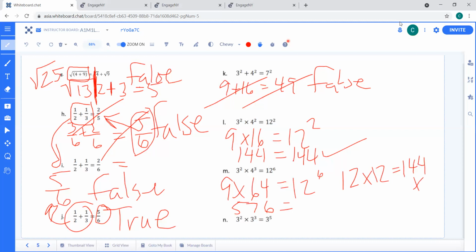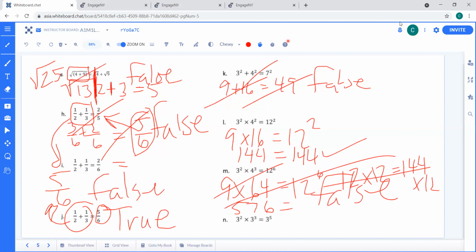And I know times 12 again is going to be way more than 576. So that is a false statement. Not true. False, false. If they're false, I'm just going to put a line through their equation.